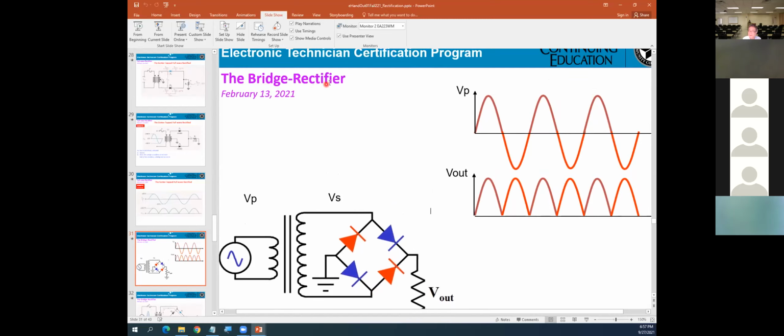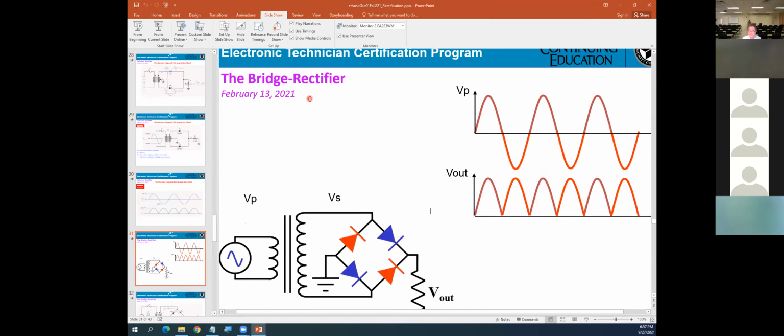So that's why for most full wave rectifiers, they prefer to use what they call the bridge rectifier. That means they work exactly the same as a full wave rectifier. Either you can use a center tap transformer, or you just use 4 diodes. However, for using 4 diodes, they use a different name.